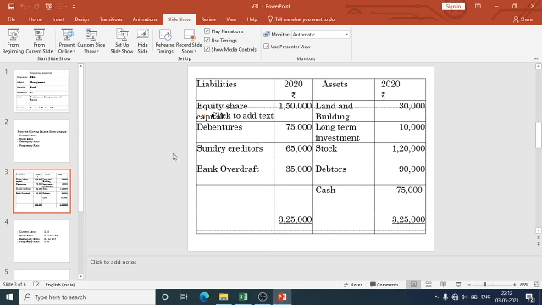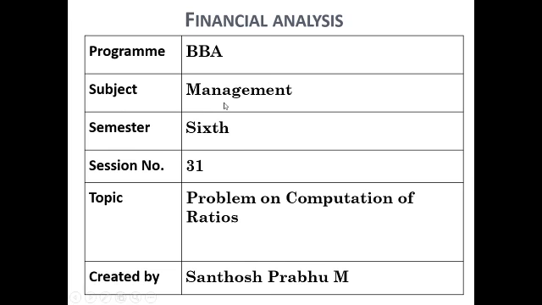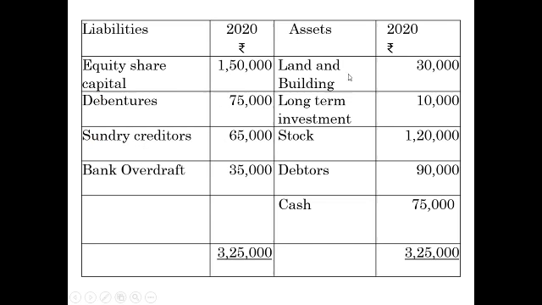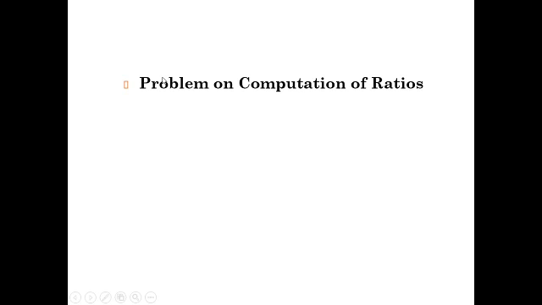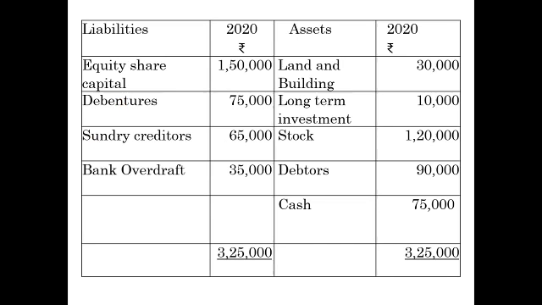So you need to identify the components of current asset and current liability in the problem. In the balance sheet, equity share capital will be part of equity, debenture will be considered as a long-term debt, sundry creditors and bank overdraft will be considered as current liability here.